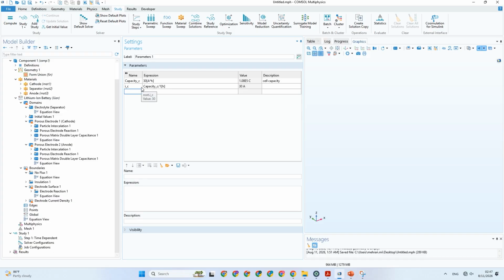Or I can define J_C, that is equal to I_C divided by area, and I define area as width times depth.